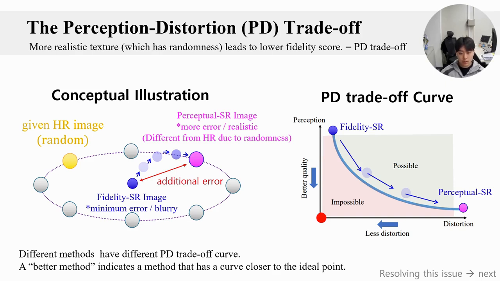And as you can see, we have a clear trade-off relationship where when we aim for improved perception, we must lose fidelity and vice versa. Theoretically, no method can go under this curve. And when we say that a model performs better than another, we mean that it's closer to the blue curve. In this work, we're also aiming to go closer to this blue curve, not going across this line.